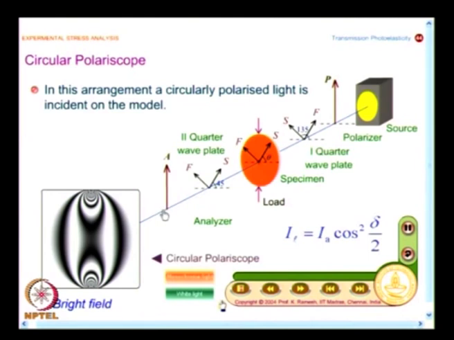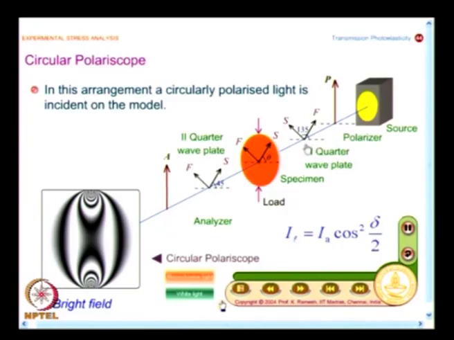So, in a circular polariscope, I have two elements before the model and two elements after the model, and if you watch it very carefully, the fast and slow axes of the second quarter wave plate are crossed with respect to the first.